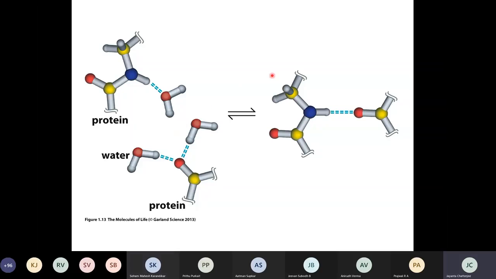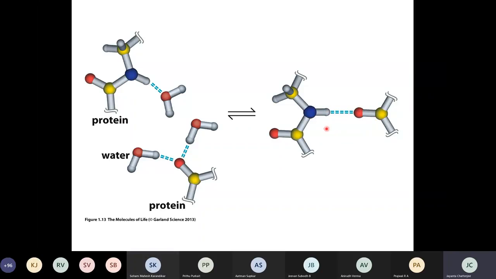When the polypeptide is folded, some of the groups are still forming hydrogen bonds with water, like this carbonyl oxygen here, and some of the NHs are involved in forming hydrogen bonds with their partner CO from the same polypeptide chain.